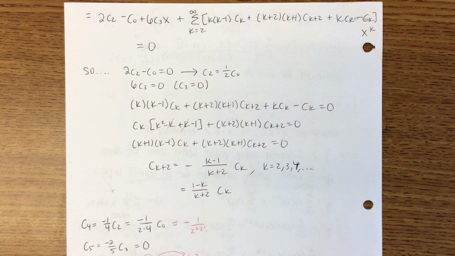So set the constant equal to 0, and you get C2 in terms of C0. 6C3 equals 0, so C3 equals 0. Here is the single summation, which you're going to set equal to 0. You're going to have to combine like terms, factor, and your recurrence relation will look like either of those.